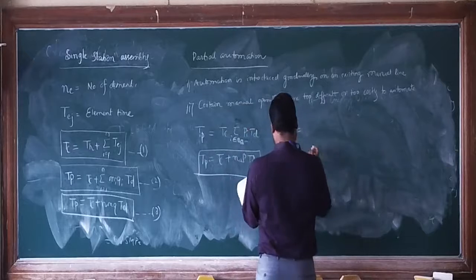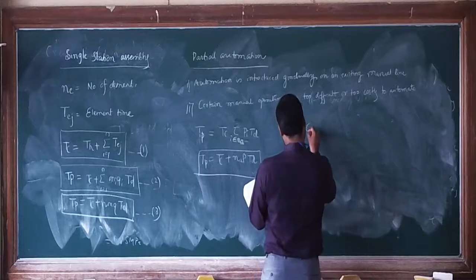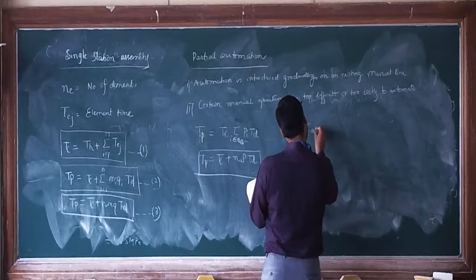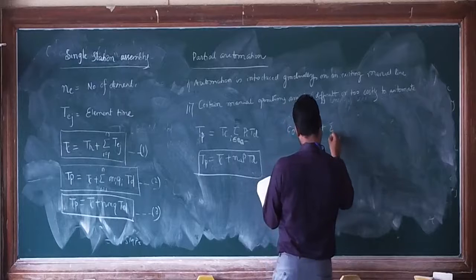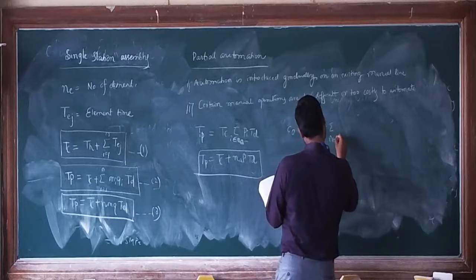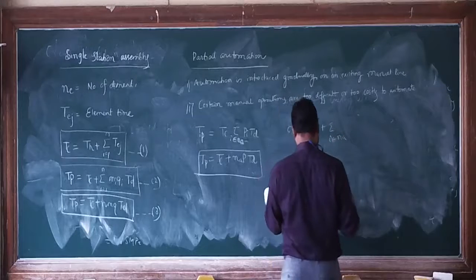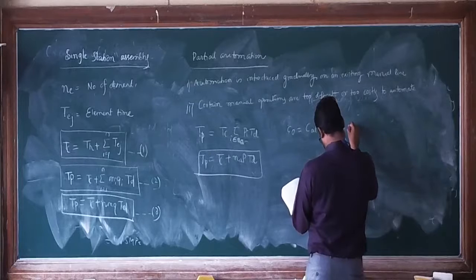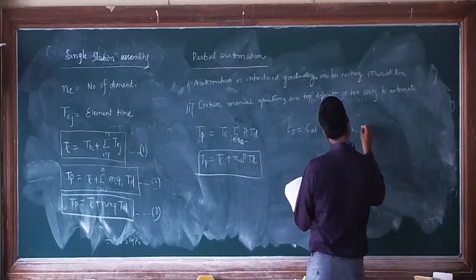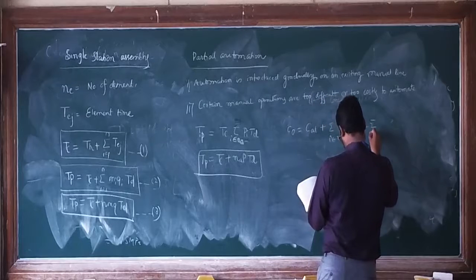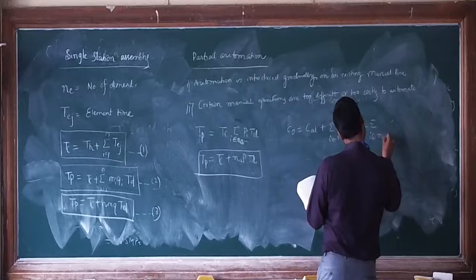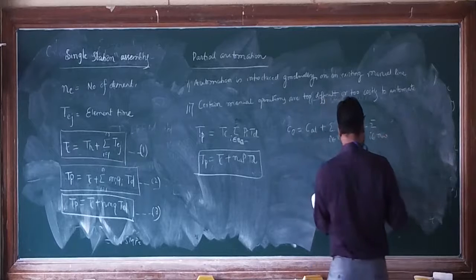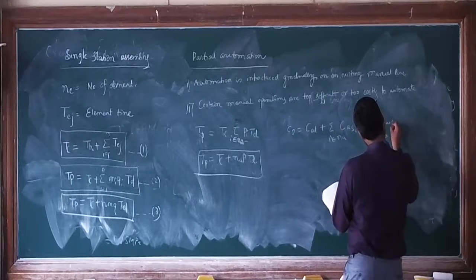Co is equal to Cc into Tc plus the summation of i equal to 1 to Na of Ca into i, plus the summation of Nw, the number of workstations, into Cw, the workstation cost.